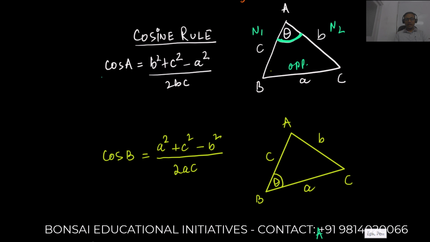Cos of A, because this angle was missing, cos A equals B square plus C square minus A square upon 2 times B times C. Let us revise. Cos A equals B square plus C square minus A square upon 2BC.